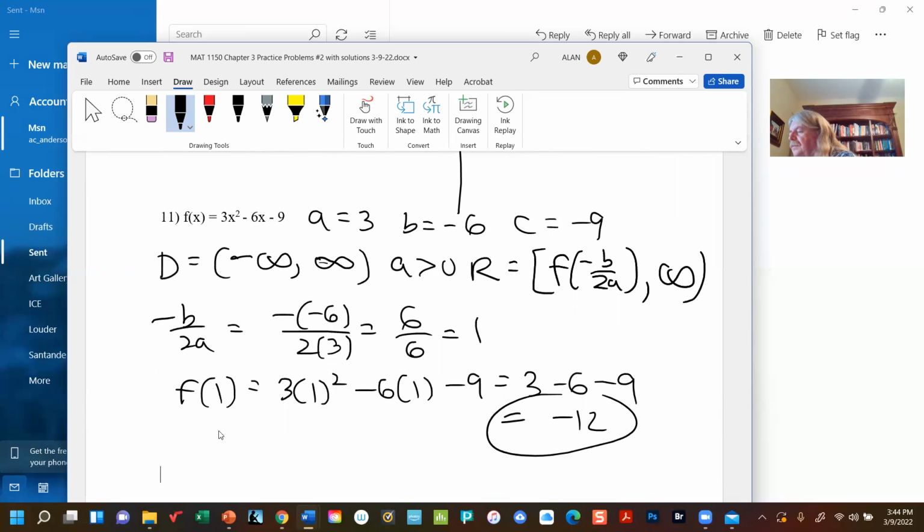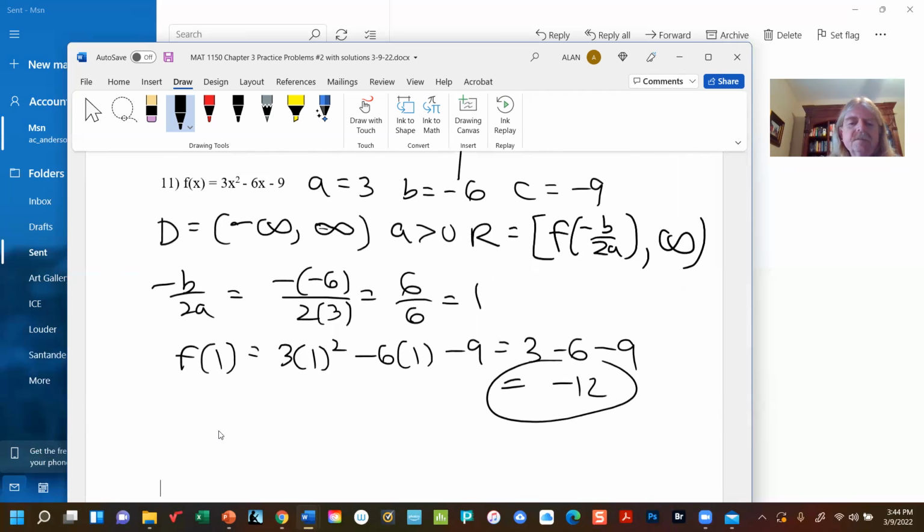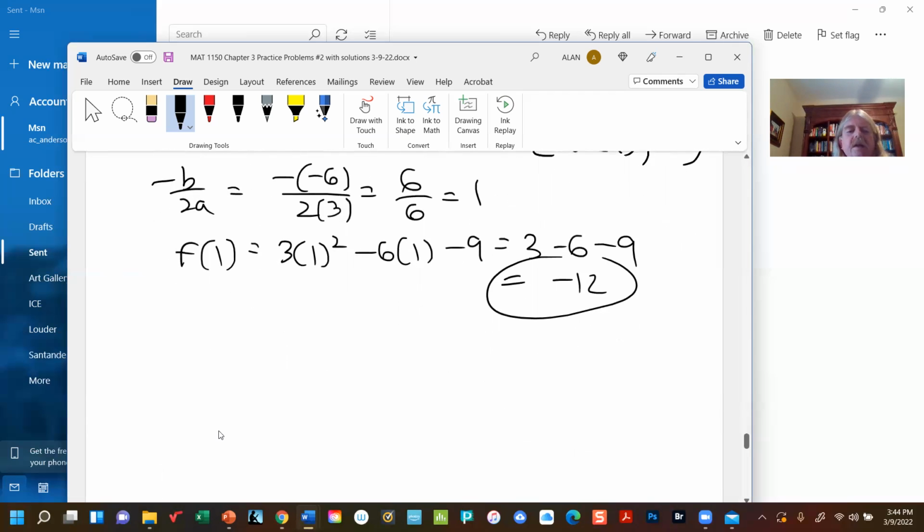All right. So that means that the range, of course, is everything from minus 12 up to, including, that is, infinity. Okay.